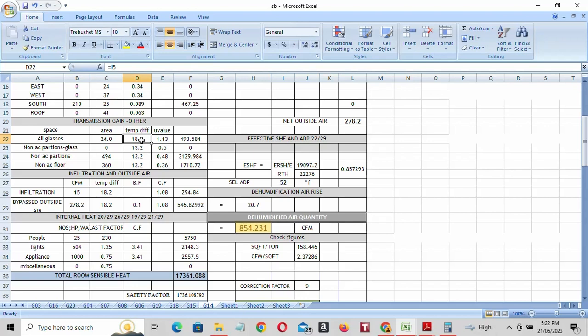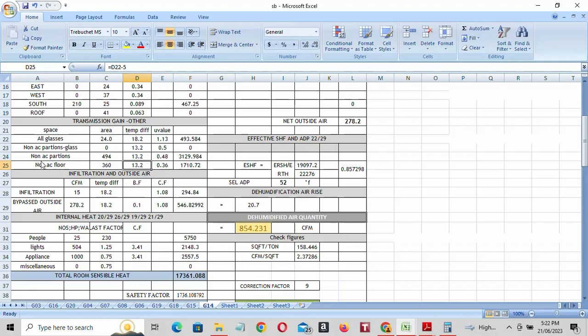Outside to inside there is a 5 degree difference, so for that reason you have to subtract 5. 18.2 minus 5 is 13.2, okay. Like this.